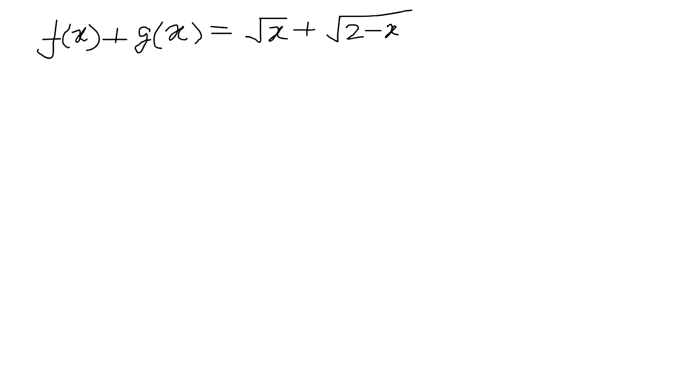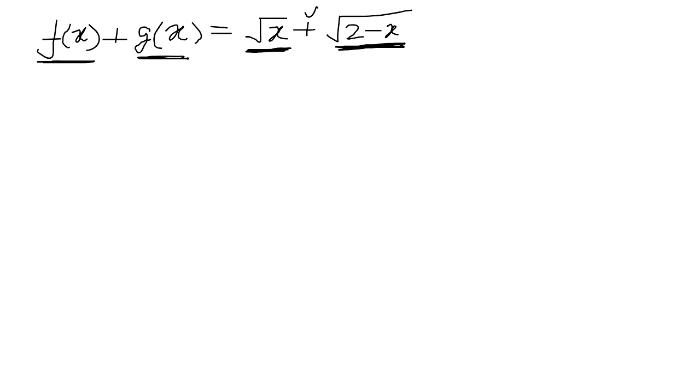Then how to find the domain of f plus g? So first find the domain of fx, and afterwards find the domain of gx. So fx is this, and here gx is this. First find the domain of this √x, the domain of f, and afterwards the domain of this √(2 − x).